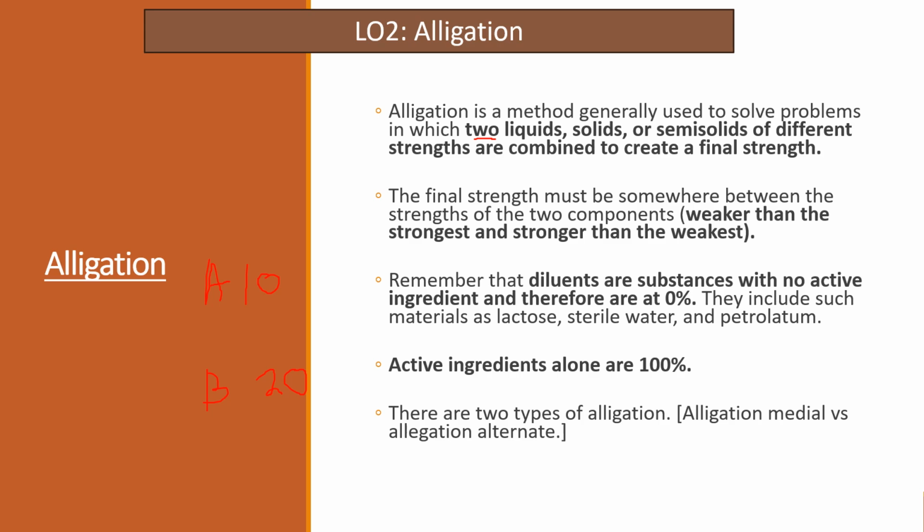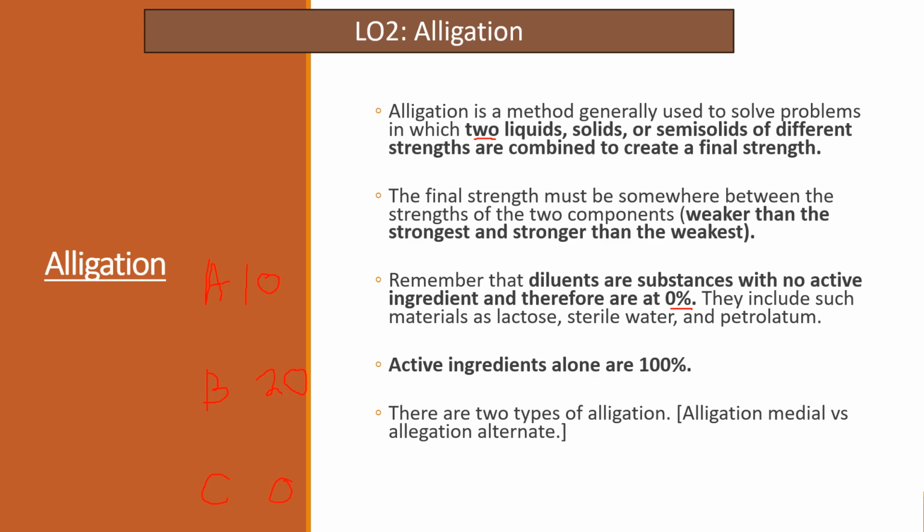Okay, so the third one, remember that diluents or vehicles are substances with no active ingredients, and therefore the strength is 0%. So if you want to add another vehicle or diluent, which is water, with no active ingredient, let's say compound C, it must have 0.